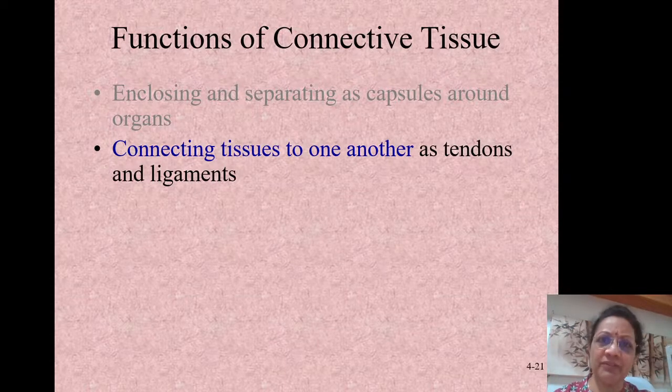So a lot of KGF is being pulled. You need ligaments to make sure that the bones are not falling apart under the stress of that powerful movement. So ligaments are very important in holding things together.